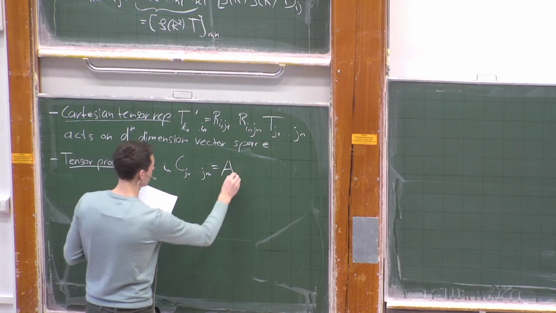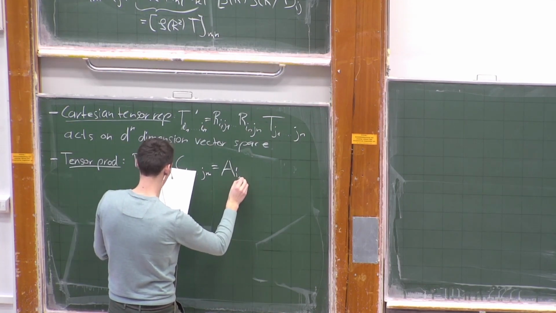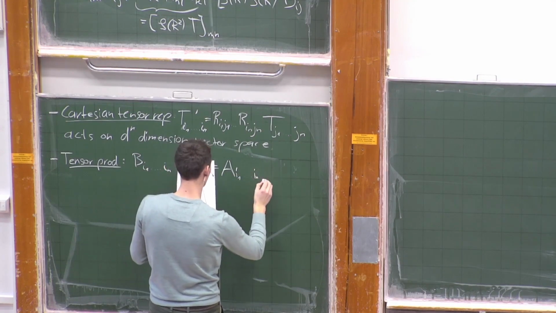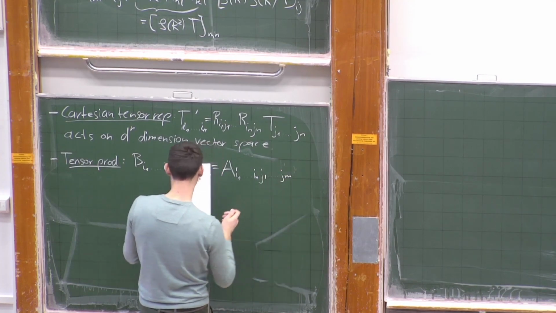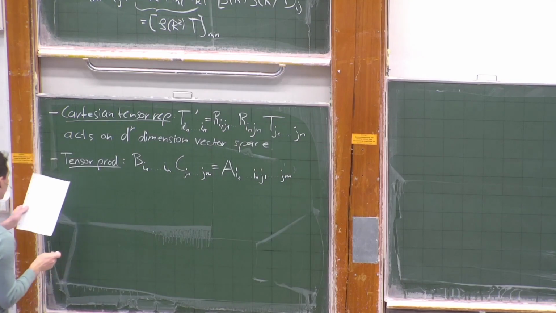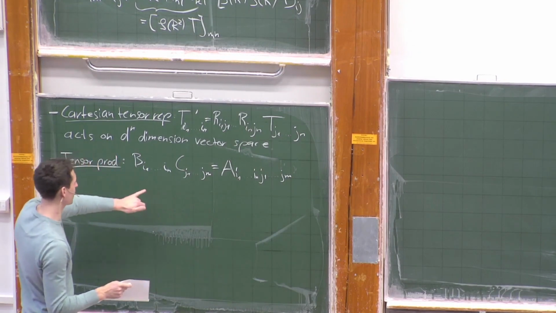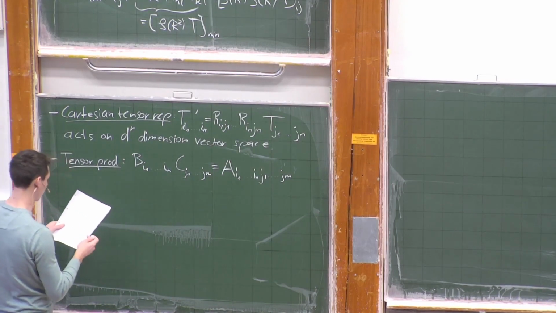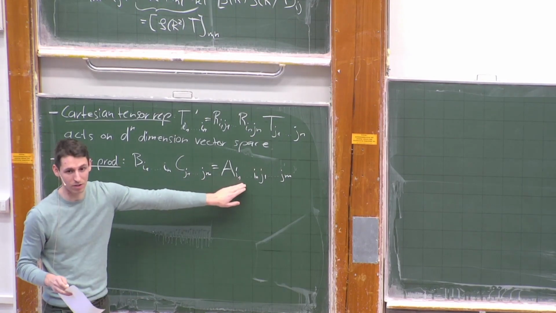So this means that the object that will come out of this will have all of the indices of the input tensors, and the vector space in which this lives has the dimension of the product of the two vector spaces of these tensors. So if these two are Cartesian tensors, then this here will also be a Cartesian tensor.